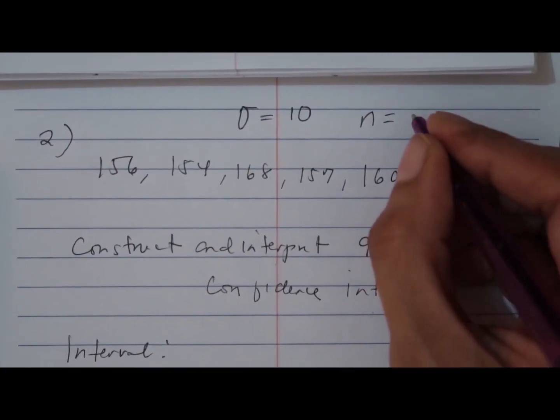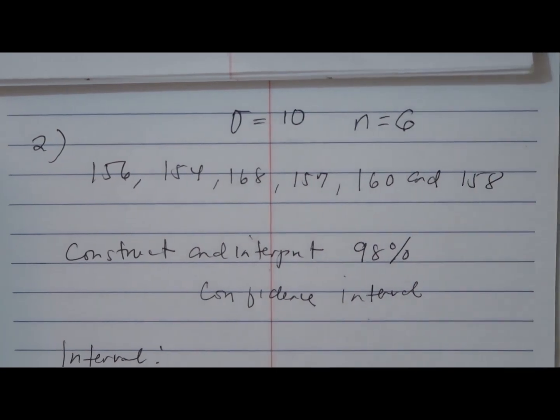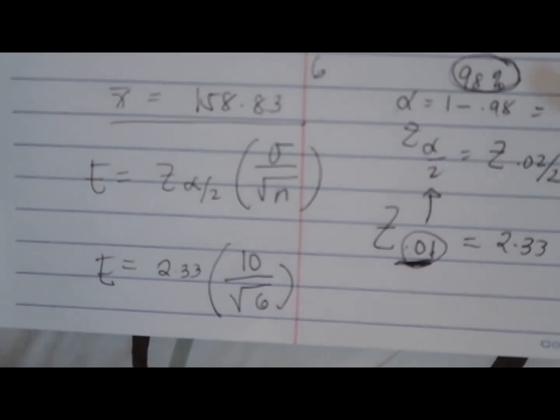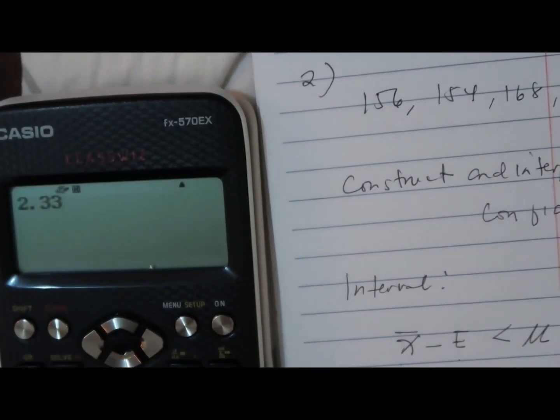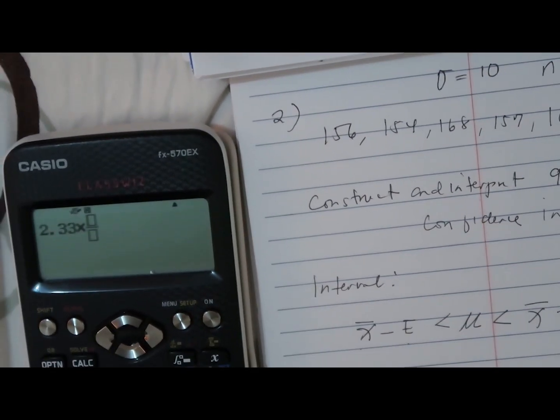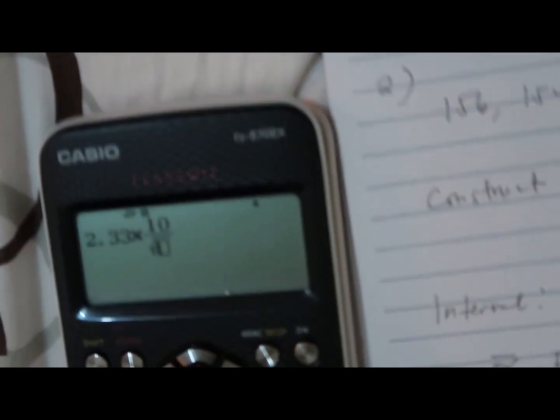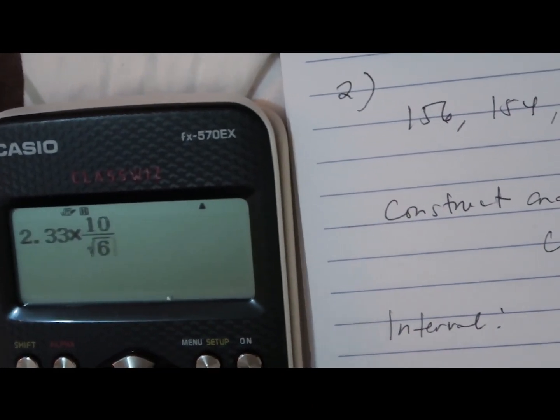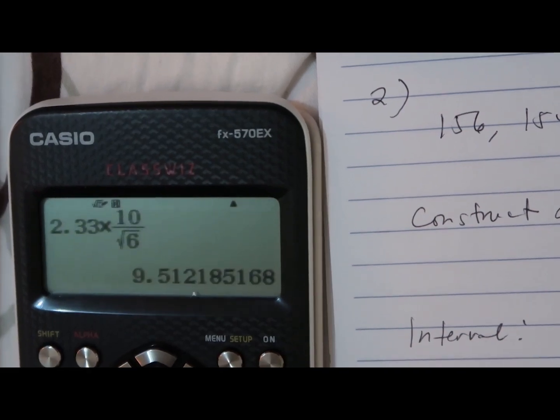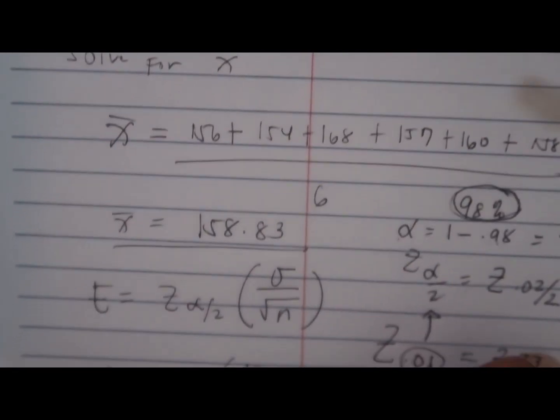According to the problem, that is 6. So, using the calculator, you can now compute: 2.33 times 10 divided by the square root of 6. So, that would be 9.51.